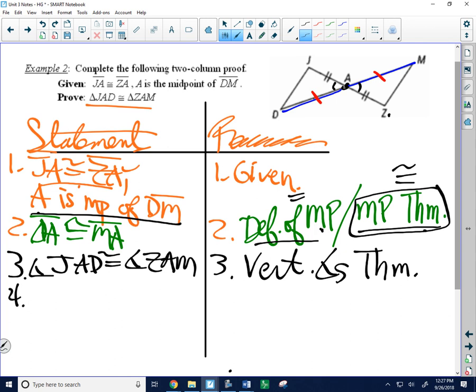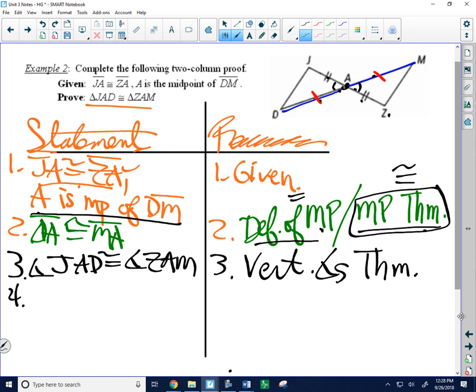The reason I'm marking my diagram is so I know when I'm done. I don't have 3 sides congruent, but by marking this, I have 2 sides congruent and the included angles. Therefore, I have enough information to say the triangles are congruent. So I'm done with the setup.